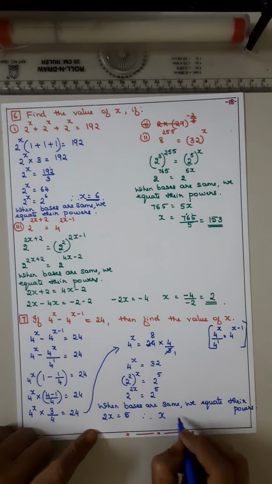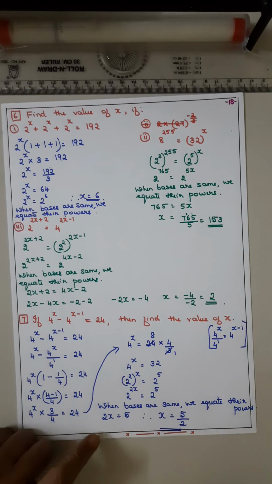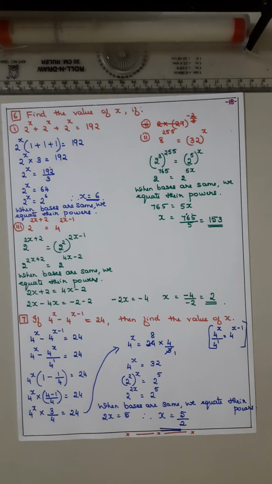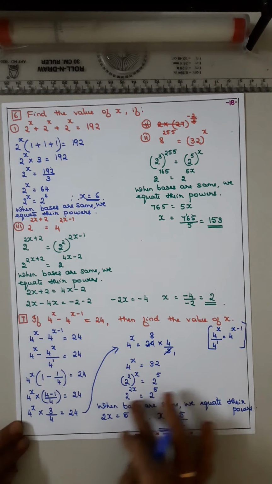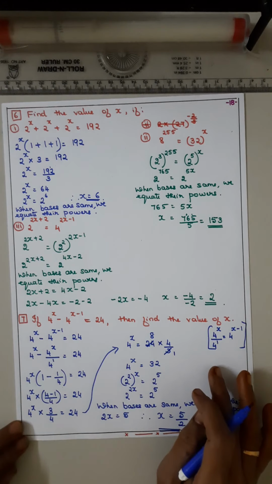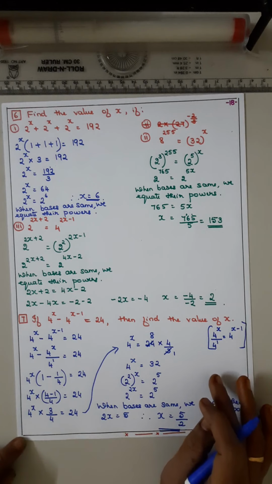Therefore, x is equal to 5 by 2. Is it clear? So this sum is a little bit confusing. So do it 2 or 3 times, then it will be easy.